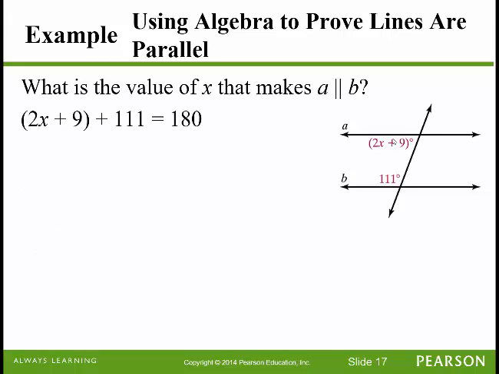What that means is you take these two, and when you add up their measures, it has to be 180 degrees. Solving this, we combine like terms, then we subtract the 120 over, and divide by 2. We get x is equal to 30. So a measure of 30 degrees, x equal to 30, would make these two lines parallel.